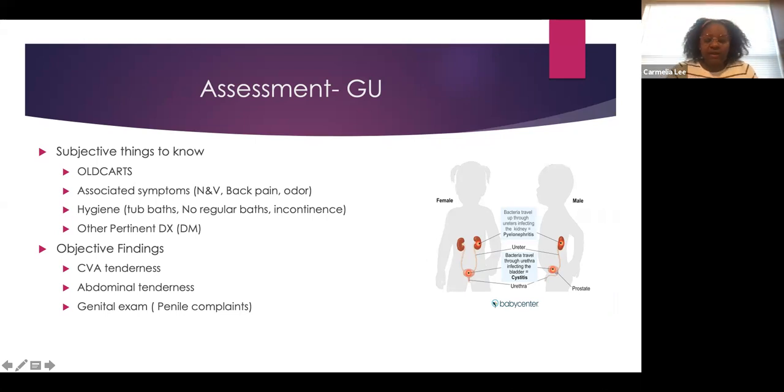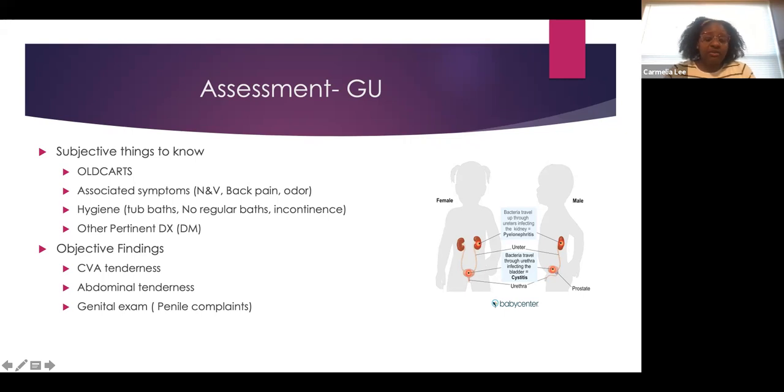For instance, if you have someone coming in with complaints of a UTI, the onset would be, it's an acute problem. It's been 3 days, 2 days. The location would be the urethra. Duration will go with 3 days. What are the characteristics? Burning pain with urination, okay? What is the aggravating factor?